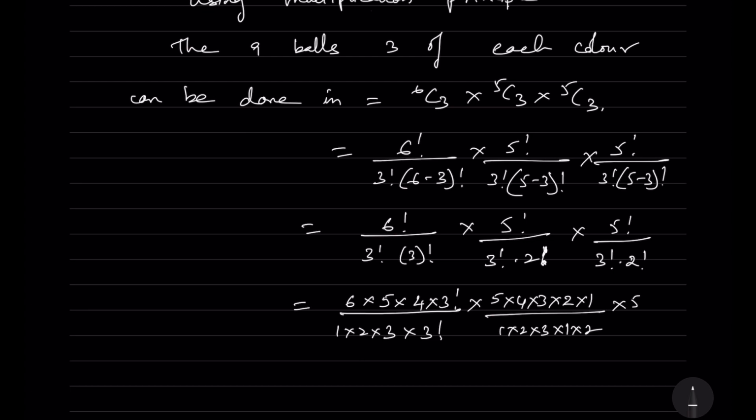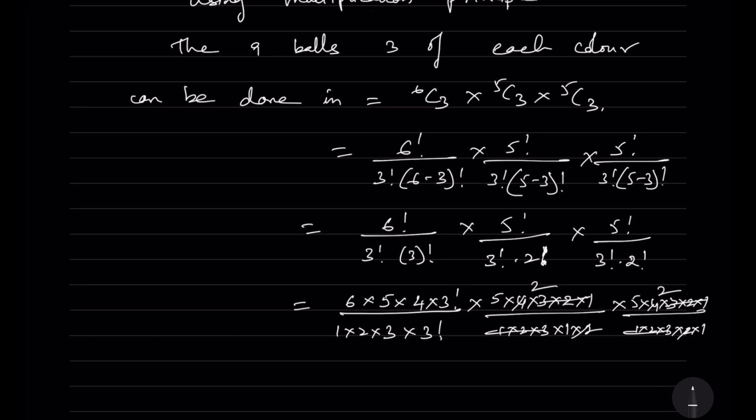Here also the same, 5 into 4 into 3 into 2 into 1 divided by 1 into 2 into 3 into 2 into 1. So now here you can cancel out this 1 into 2 into 3 and this will become 2 2s are, and here again you can cancel 1 2 3, here 2 2s are.